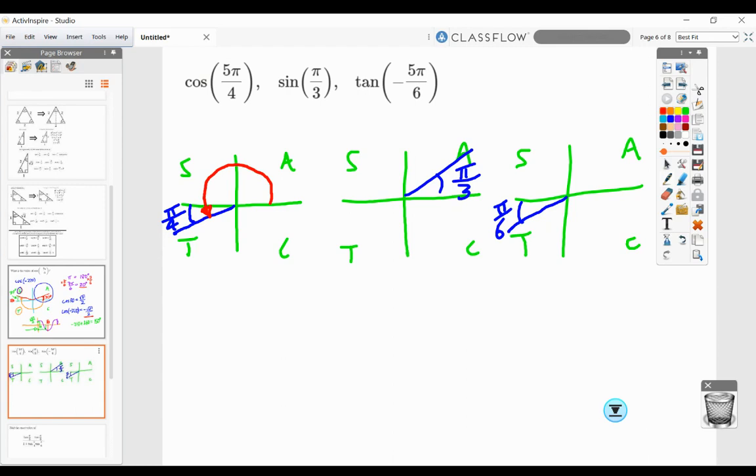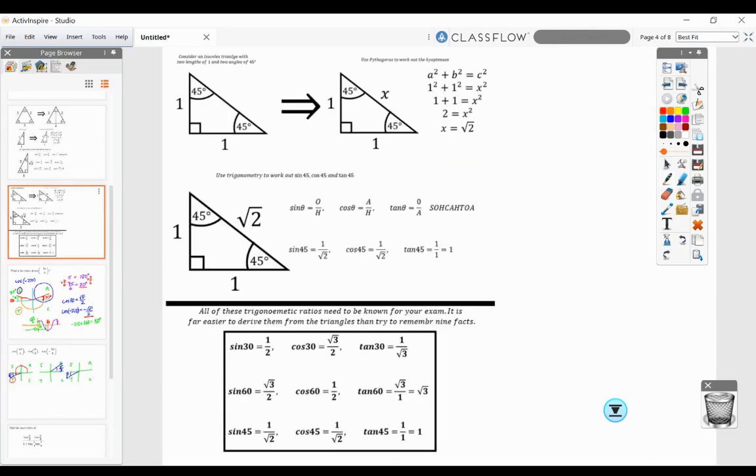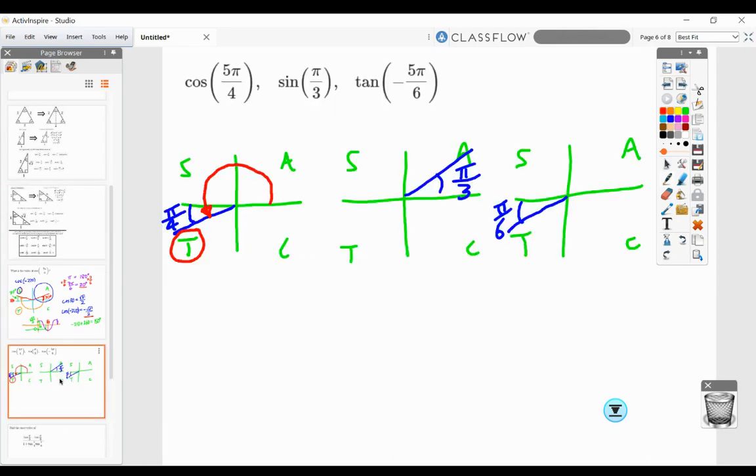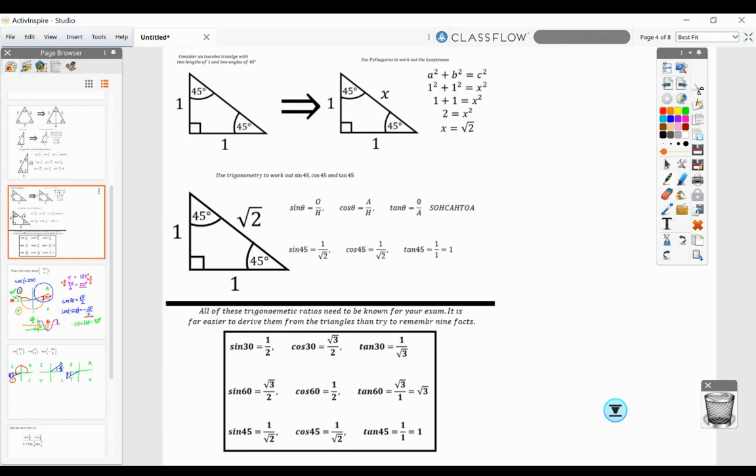Now, we're looking at cosine, and again, it's going to be negative because it's ended up in that quadrant where we got a T. So you go to your special triangles. This time we're looking at pi over 4. Cosine pi over 4, otherwise known as 45 degrees.